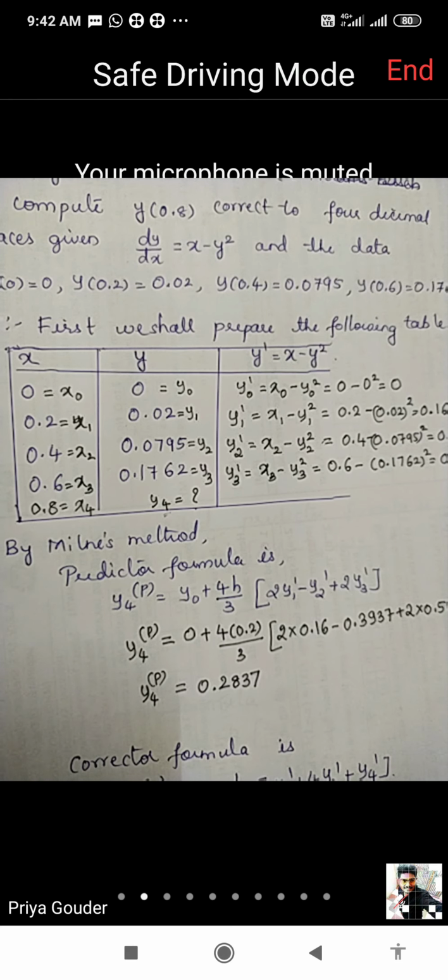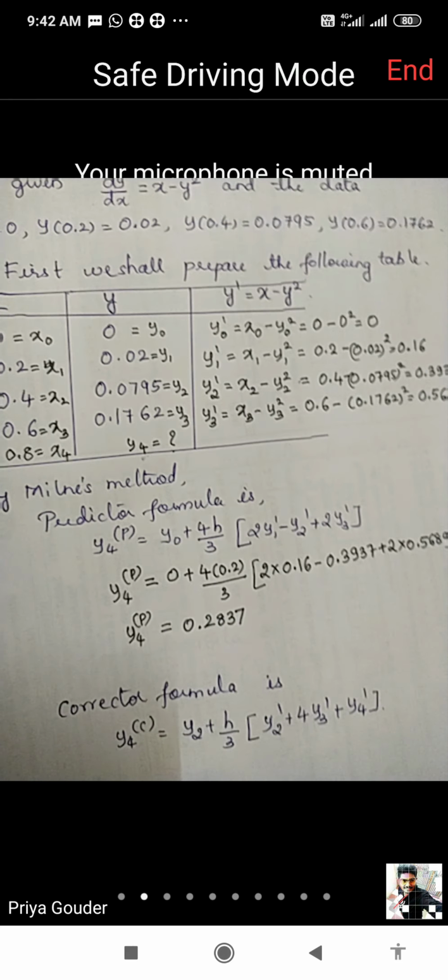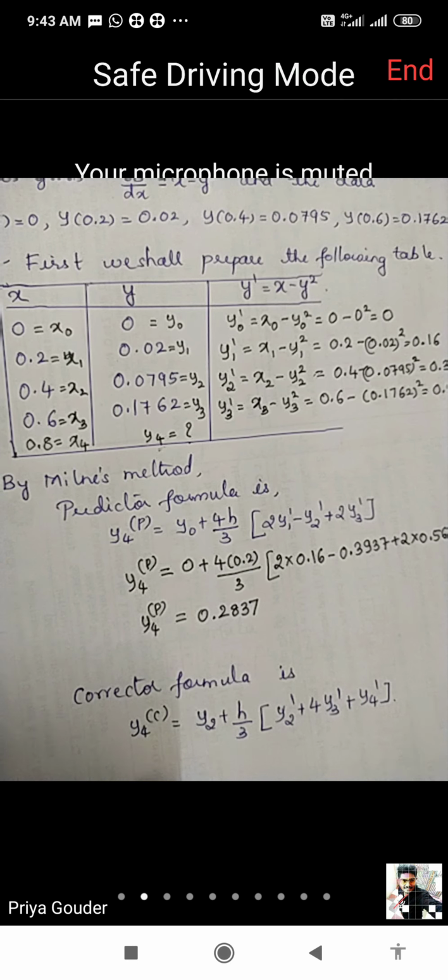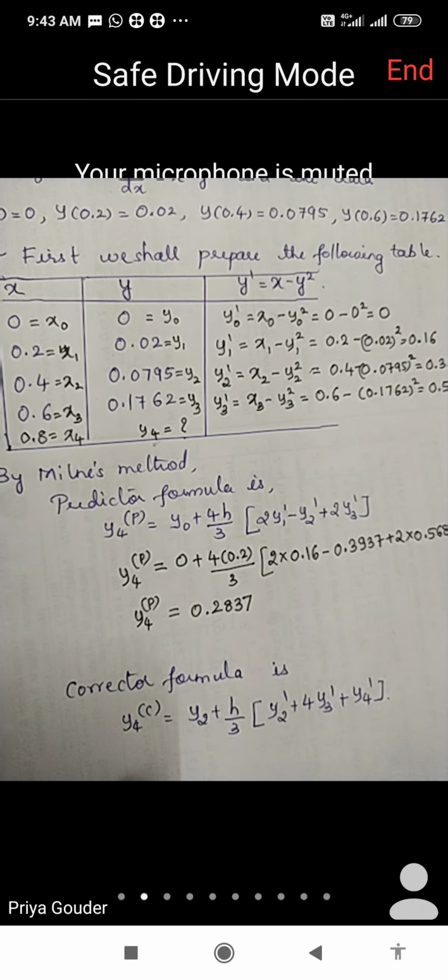Just see this corrector formula and tell me, can you substitute all the values and get the value of y4 of c? Think about it. This is the formula. Are all values there where you can substitute, or is anything missing? Y4 dash is missing, we don't have it now.